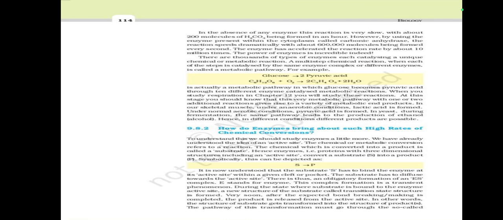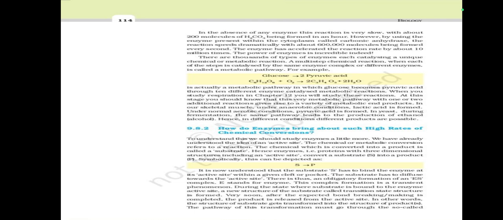Symbolically, this can be depicted as S to P. It is now understood that the substrate has to bind the enzyme at its active site within a given cleft or pocket. The substrate has to diffuse towards the active site.